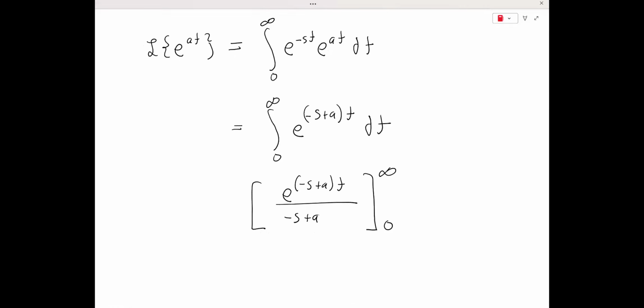Now, if you go through this, let's see. Well, if I put in infinity, what would I get? And we'll assume this is right here. Assume this is a negative number here, this negative s plus a.